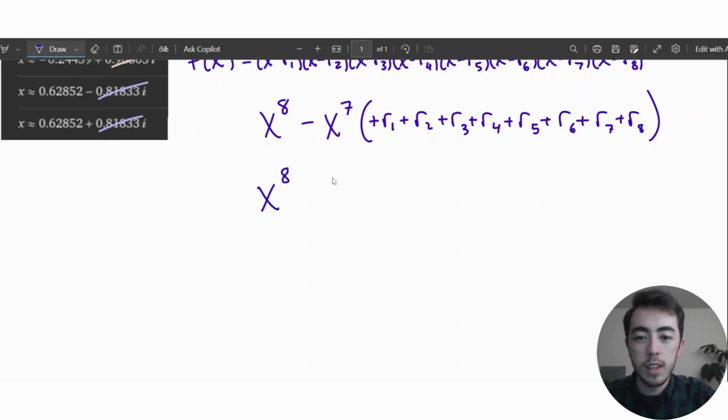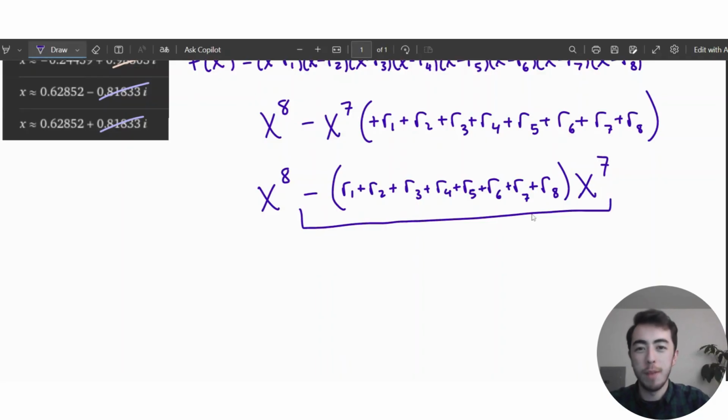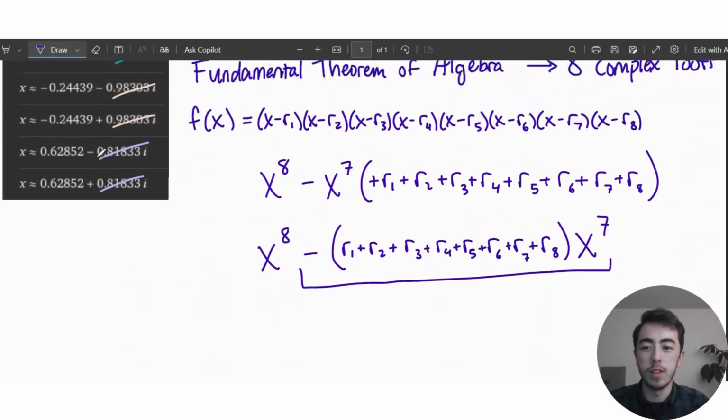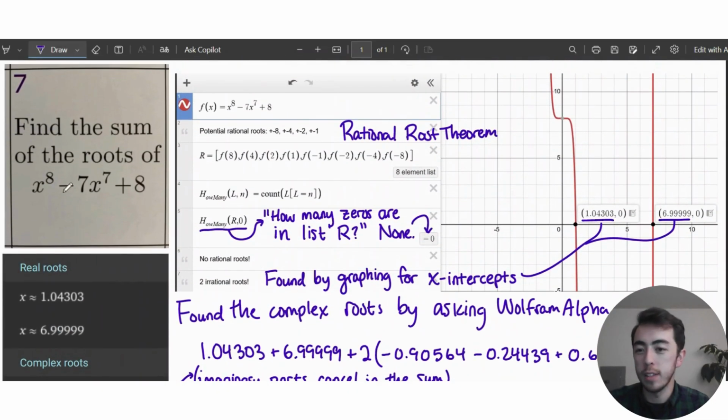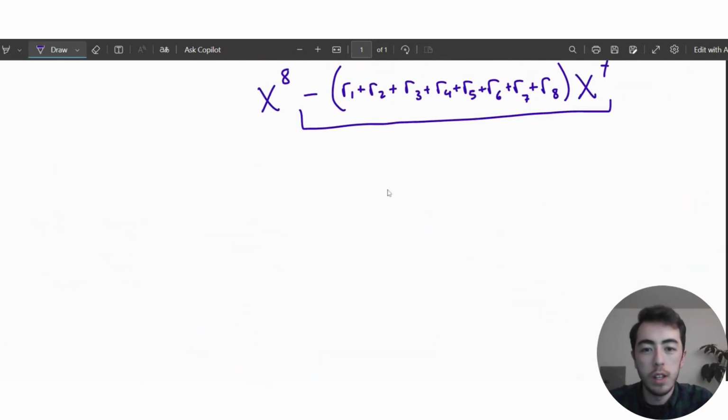I'll have x to the 8th minus all of my roots added up, and then the x to the 7th over here. And this x to the 7th term here has to match the x to the 7th term from the original polynomial. So looking up here, it has to match minus 7x to the 7th. So all of this has to be minus 7x to the 7th.